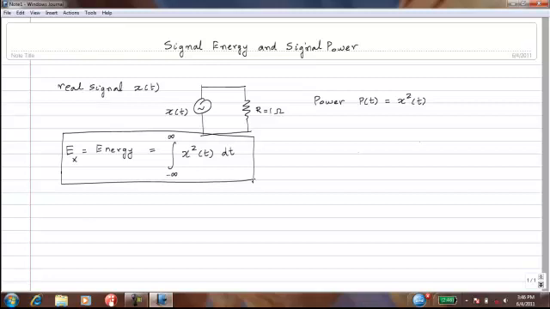We're going to call this integral the energy associated with the signal. I talked about this electric circuit just to motivate why this may be reasonable to think of as the energy associated with the signal, but another way to think about this is to think of this quantity as a measure of how big a signal is.